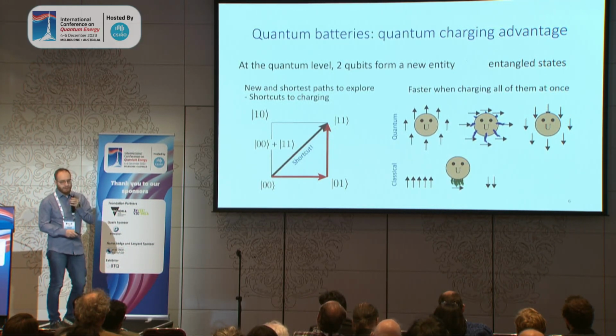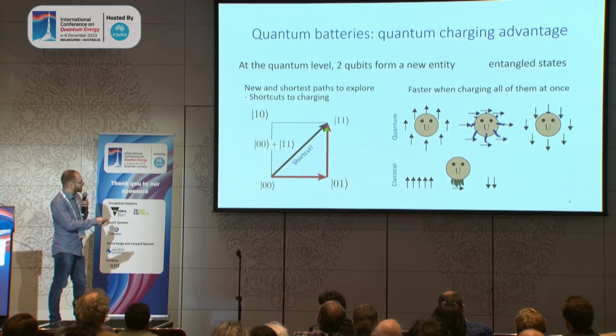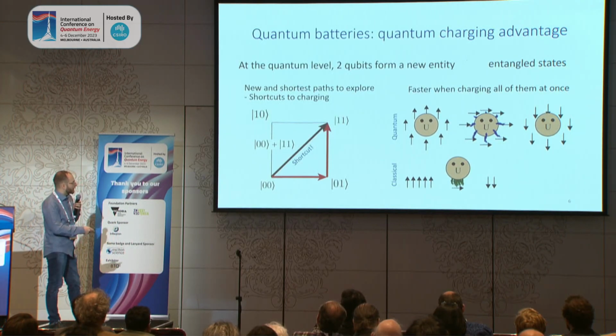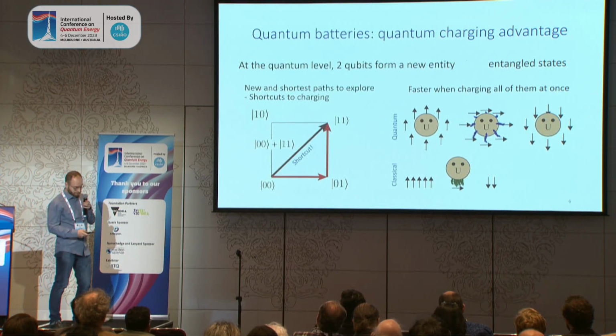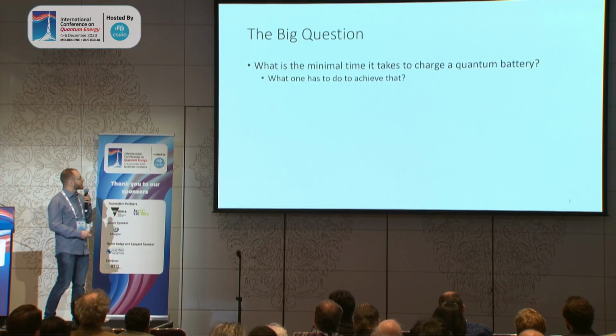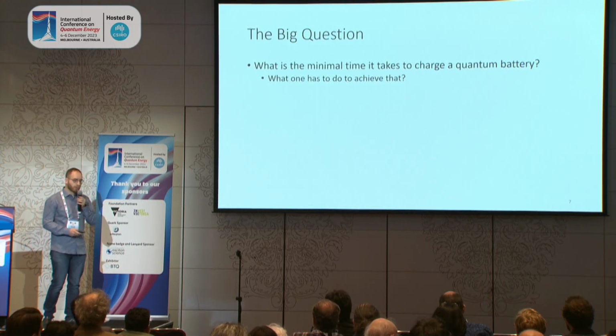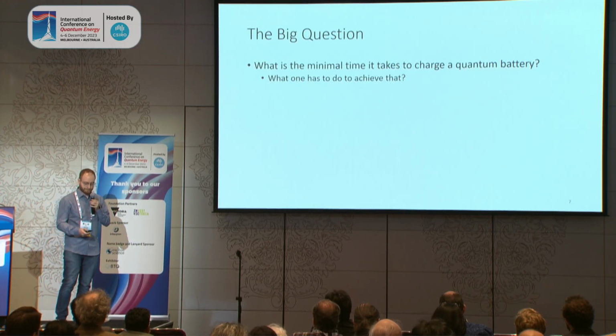But somehow you can exploit the structure of Hilbert space and go through something that's not classically possible. And this is the quantum charging. So the big question is, what is the minimal time it takes to charge a quantum battery? What does one have to do to achieve that?